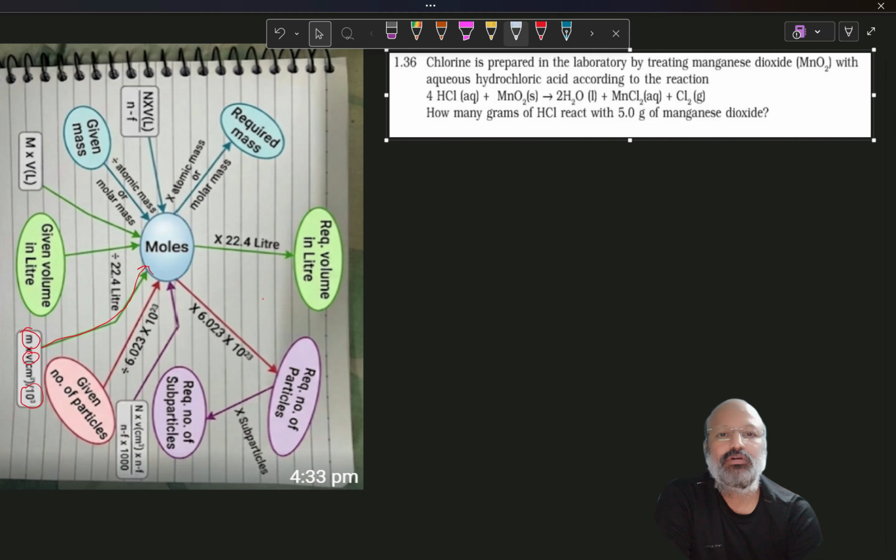So now our job is to first write down the equation properly. So 4 HCl plus MnO2 giving 2H2O.